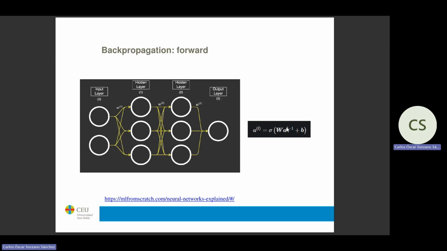So you have the activation from the previous layer, you go through the weights plus the values, and these are vectors, so the whole thing is a vector. Then this vector goes through the activation function, and you have the output for the next layer, and then start again.